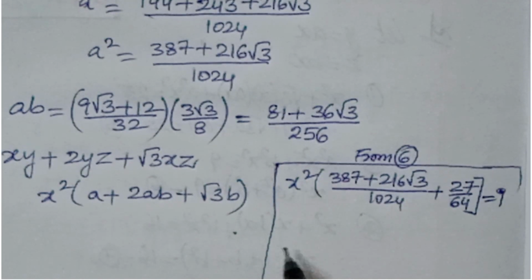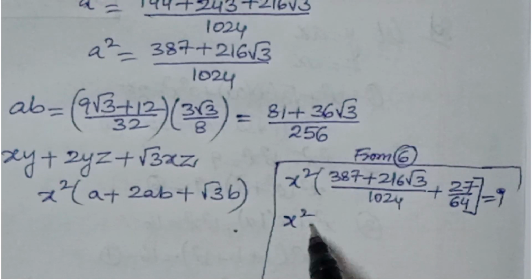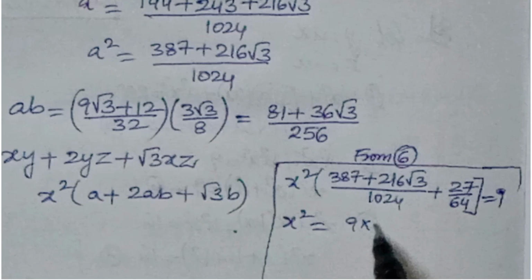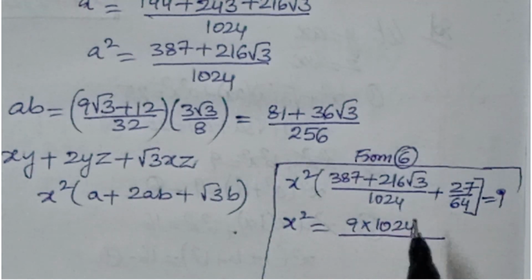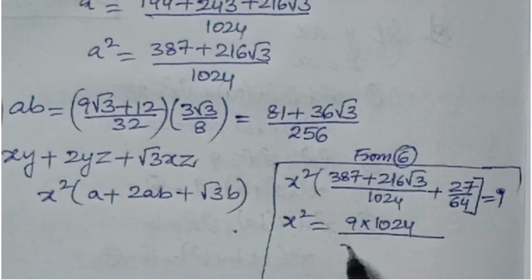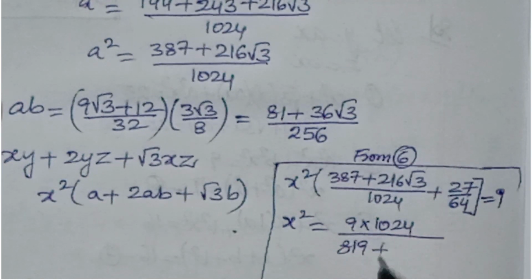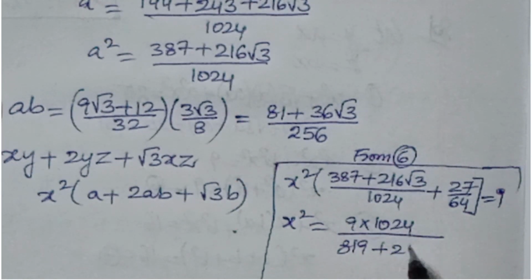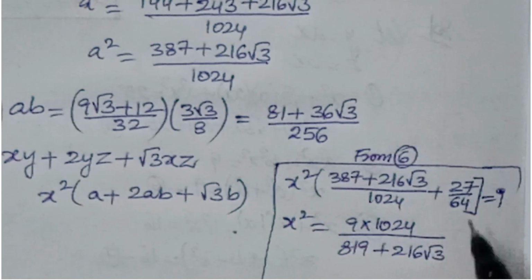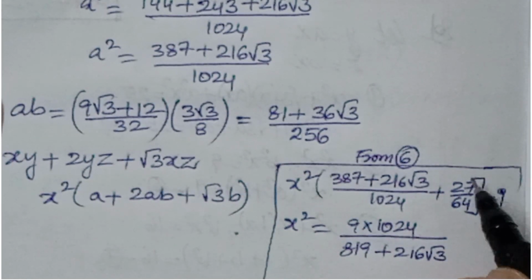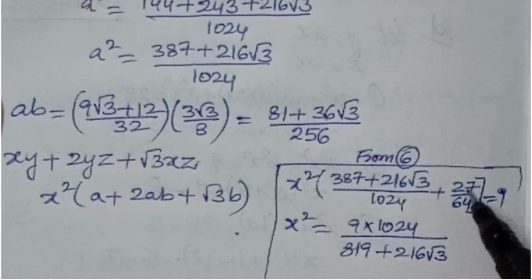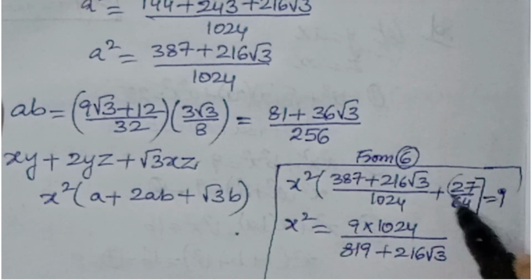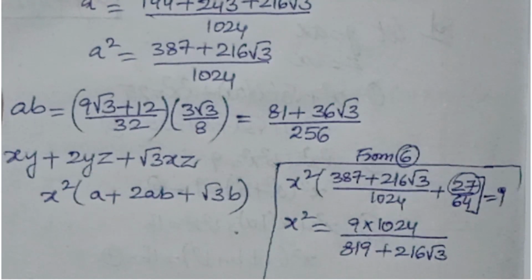So I want x square value. X square is equal to 9 into 1024 by 819 plus 216 root 3. So here it will multiply with 4. So 27 into value will get you, you have to multiply and get this value.